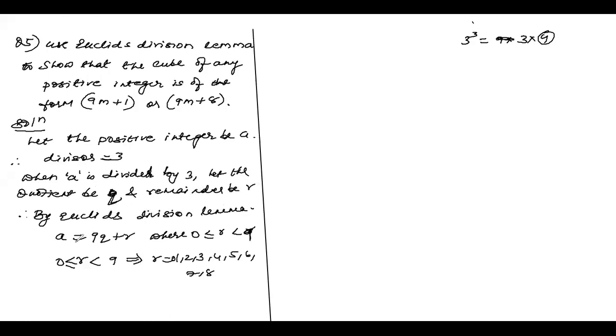Therefore, by Euclid's division lemma, a is equal to 3q plus r, where r is greater than or equal to 0 and less than the divisor. What is the divisor here, children? 3 is the divisor.